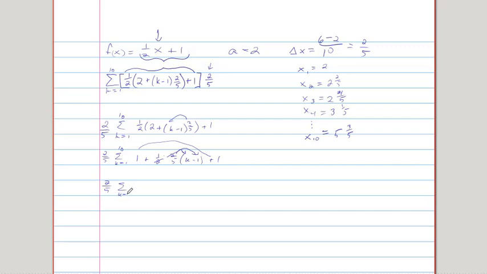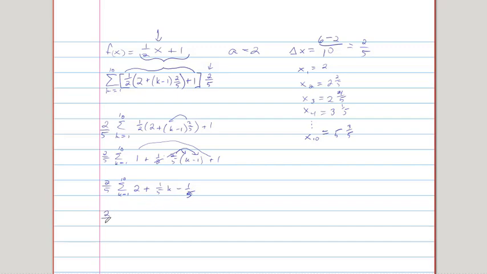Alright, k equals 1 to 10. So let's see, what have I done here? I've got 2 plus 1/5 k minus 1/5, 1/5. And I can simplify that a little bit further, just adding the 2 and the 1/5.